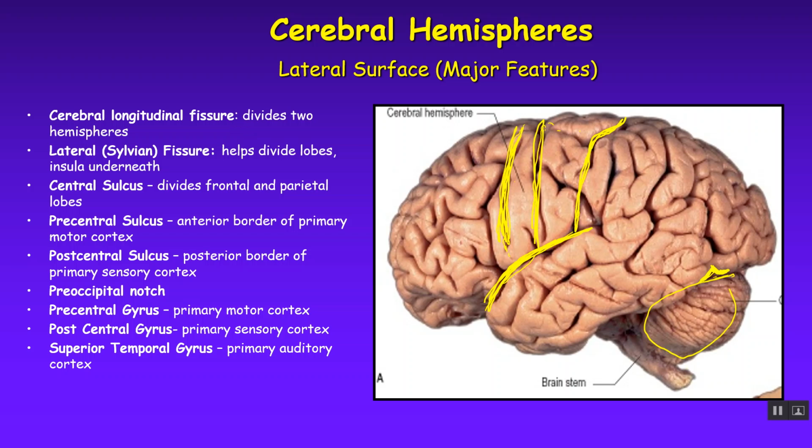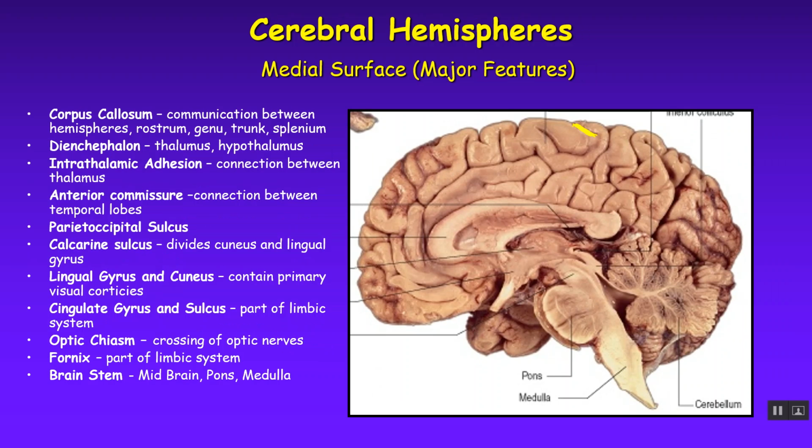If we have our lateral sylvian fissure, our central sulcus, and our preoccipital notch, what you can do is take an imaginary line up from the preoccipital notch, go straight up from there, and connect it to this area here, which is the parietal occipital sulcus.